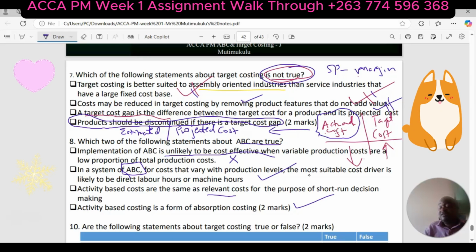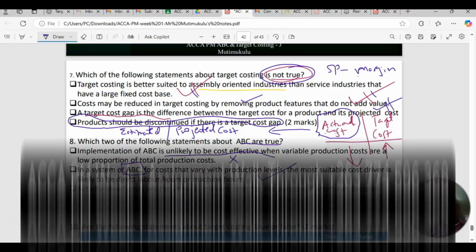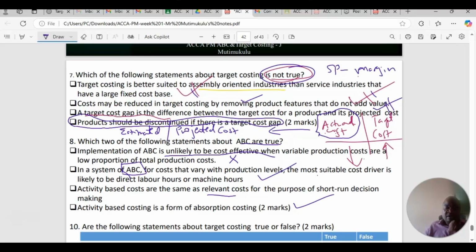So get those articulations properly, very well. Okay, activity-based costs are the same as relevant costs. Okay, they are not. Why? Because relevant costs relate largely to marginal costing. Marginal costing only considers variable costs.